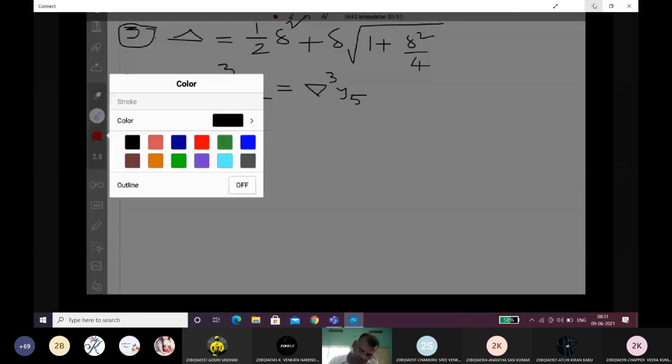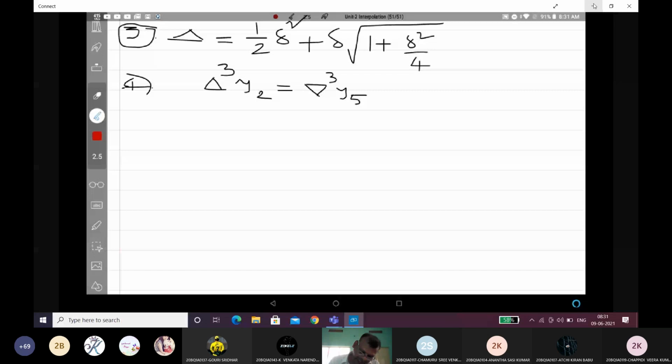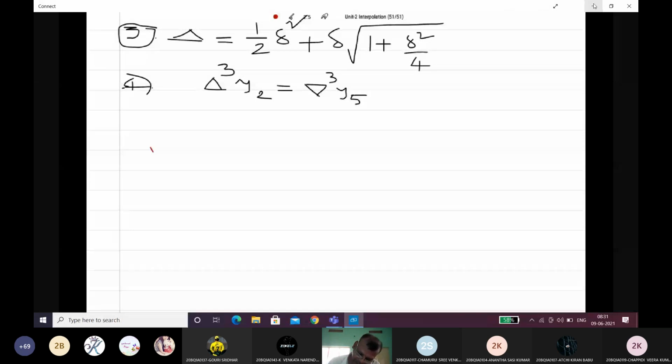We know that e power hD. What is the formula for e power hD? Anyone? E power hD is equal to capital E. Capital E is nothing but 1 plus delta.